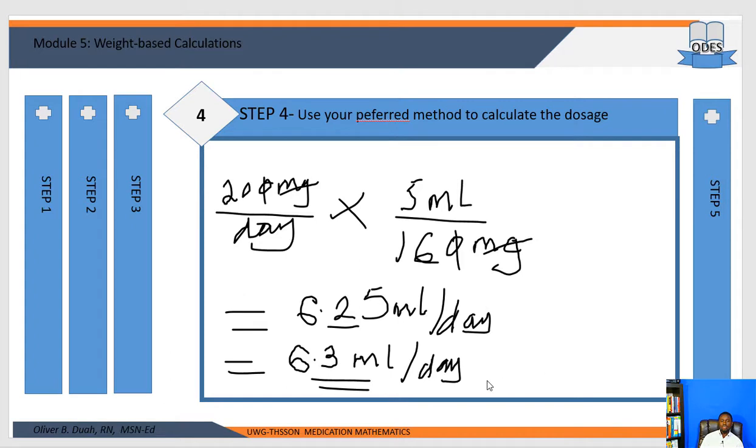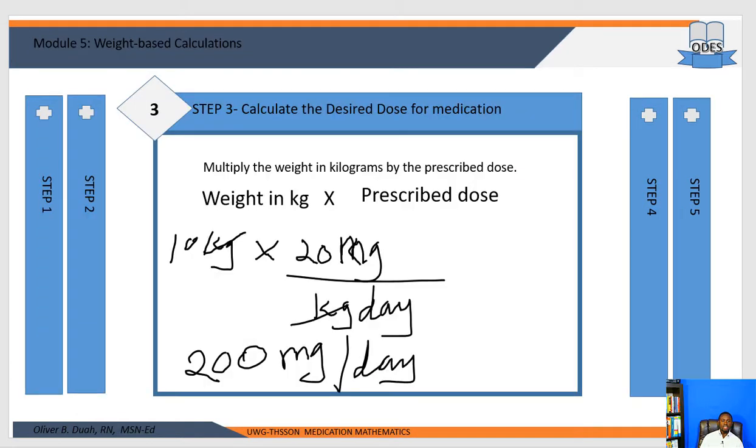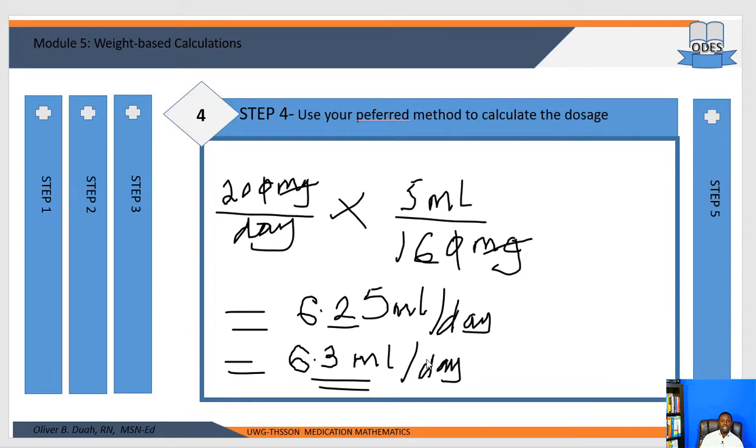The question says that we should also find the ml per dose. So we have to ask ourselves, how many doses? It says in 3 divided doses, or 3 times daily, which means that once we find our dose per day, we can simply divide this by 3 to get the per dose.